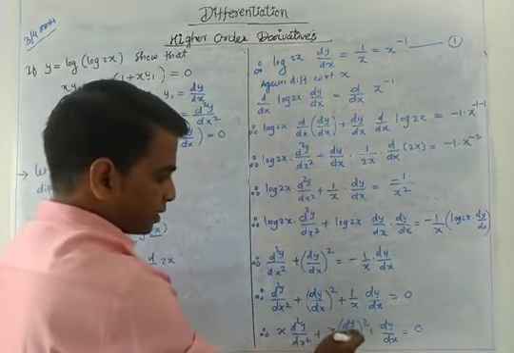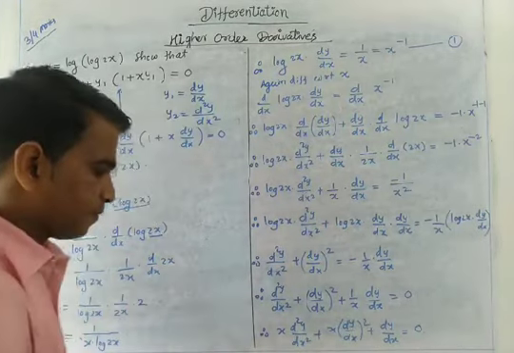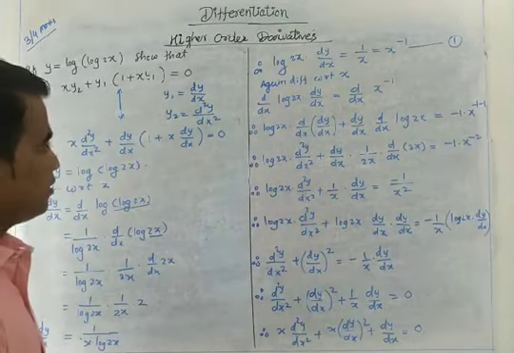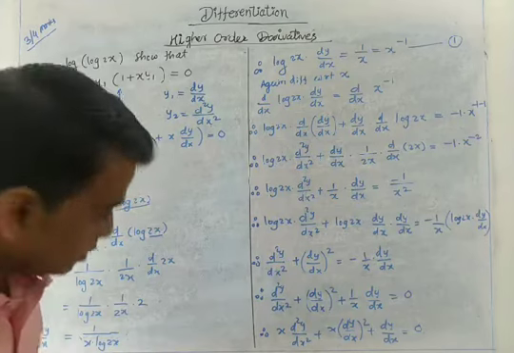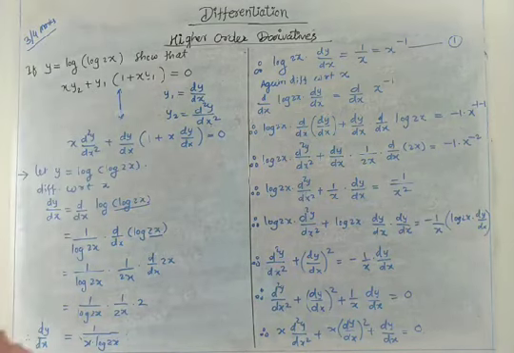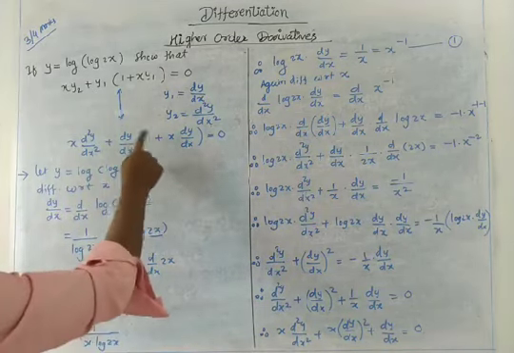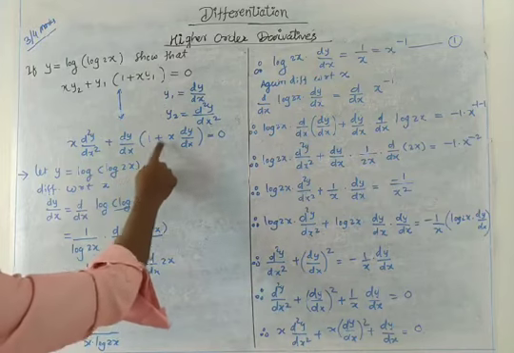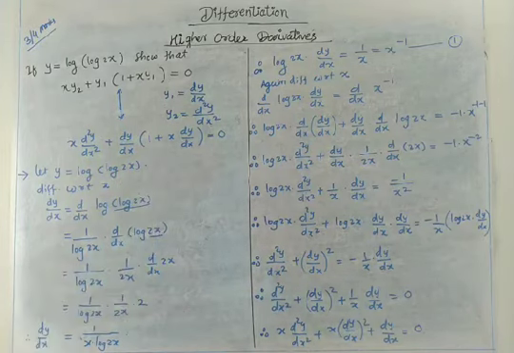So this x will cancel with the multiplied x, and see our step is done. x d square y upon dx square plus x into dy by dx bracket square, multiplied inside dy by dx. Here is the final solution. Check the final step and the required answer, both are the same.